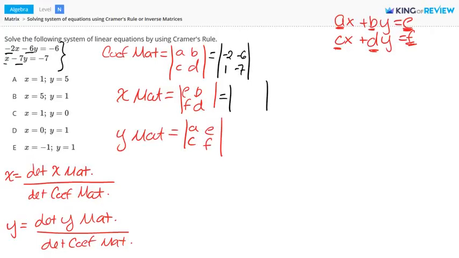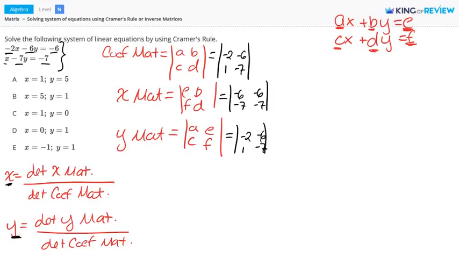Again, we start with E and F, and those are the constants, so -6 and -7. And then B and D, which are -6 and -7. And then for the y matrix, we have A and C, -2 and 1, and E and F, -6 and -7.